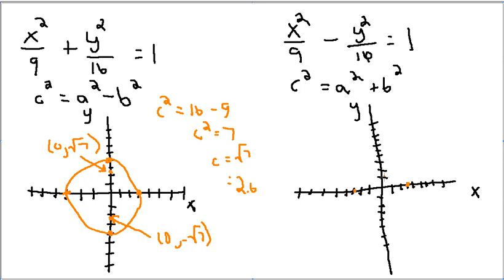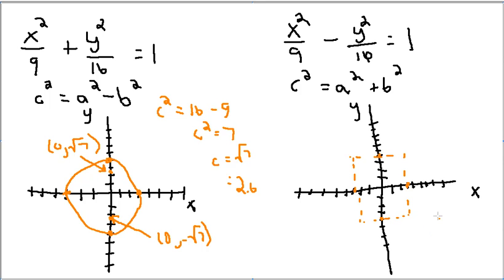I'm going to go 4 in the other direction here. But this time, I'm going to sketch a little box, because with the hyperbola, it's a little different. It's kind of like an ellipse turned outwards. It looks like basically two parabolas.